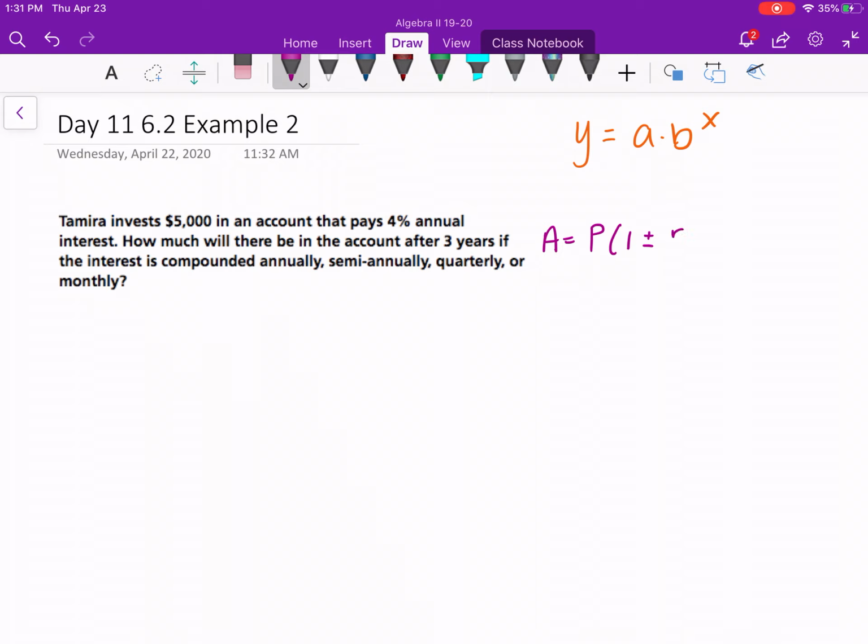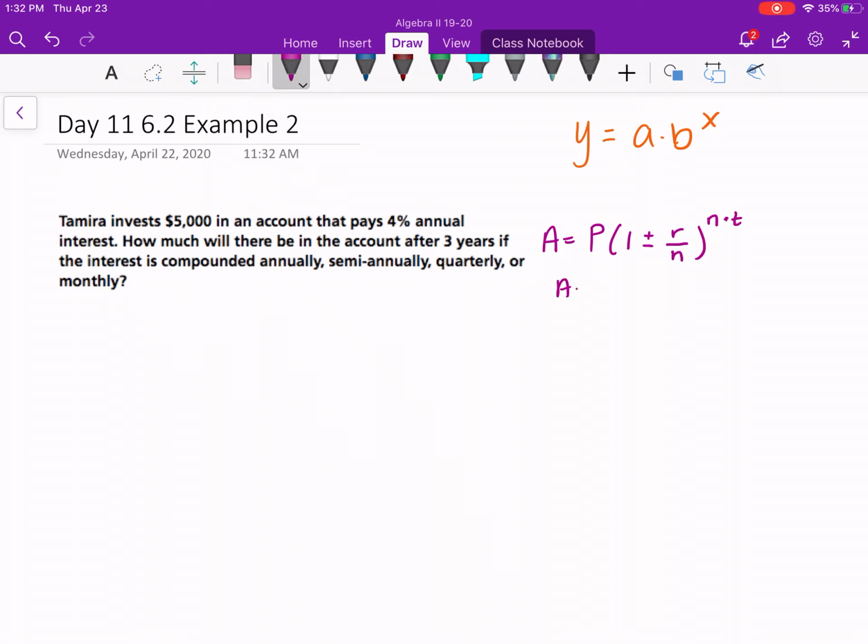The only thing that's really new is this N value, which we touched on in the first example. That one was just finding a monthly growth rate. It wasn't being compounded monthly, but it really is a good segue into this example. This time we're going to divide the R by N, and we are going to multiply the time by N. As you can see, it pretty much all means the same thing. We just use different letters now.